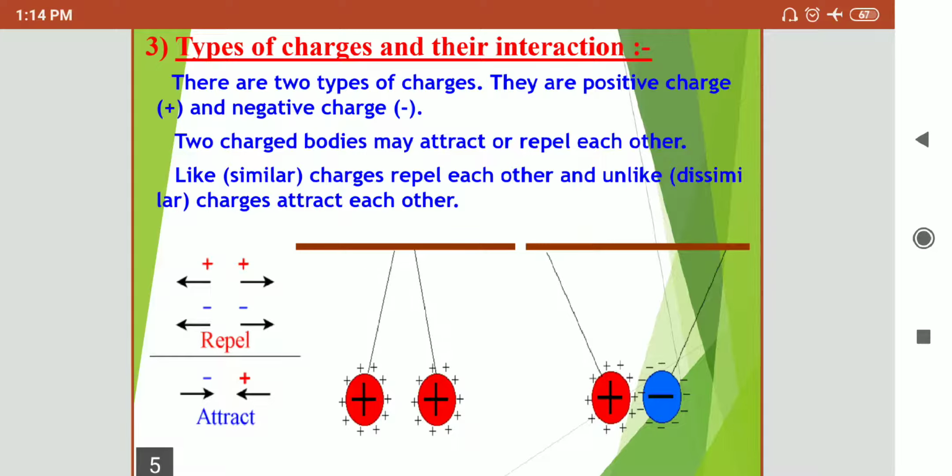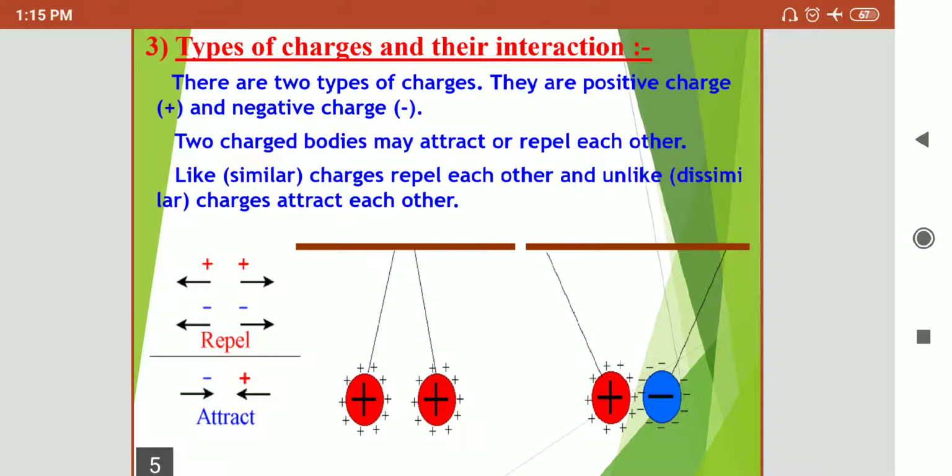We can do it by small activities, and then you will come to know what type of charges repel and what type of charges attract each other. So like charges, or similar charges, means both positive, and unlike charges means one positive and one negative charge.